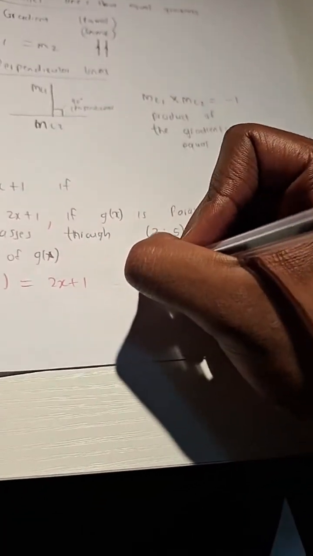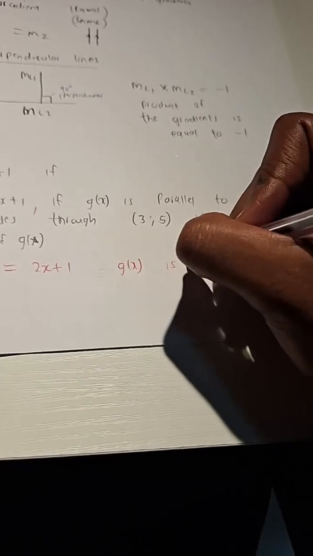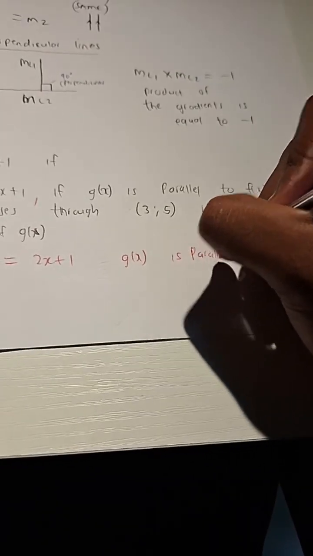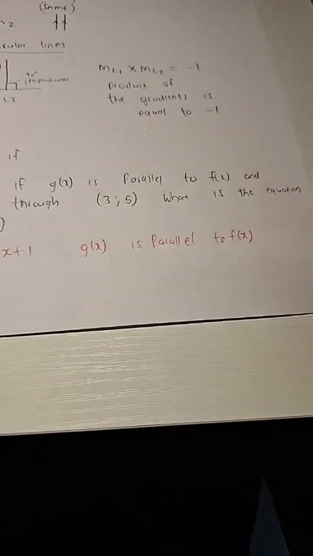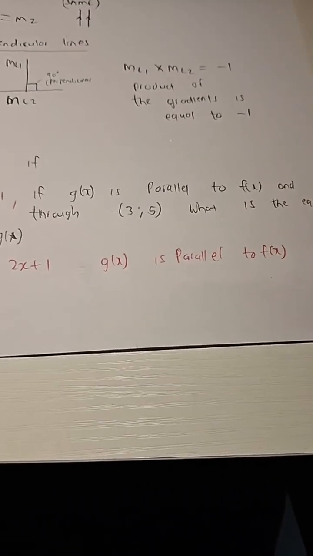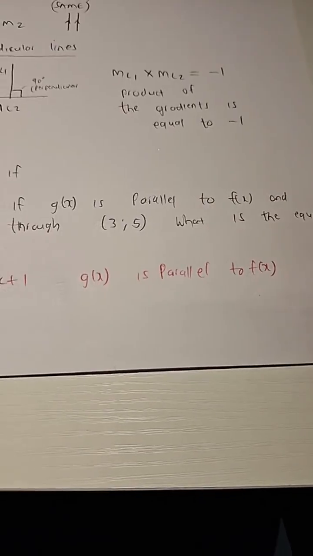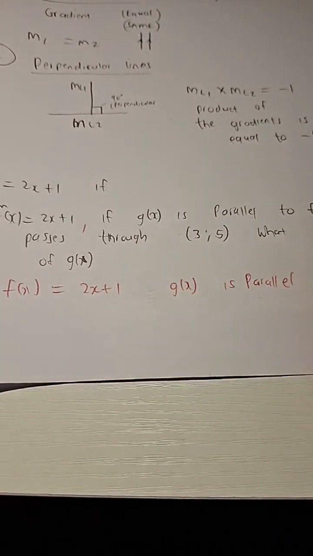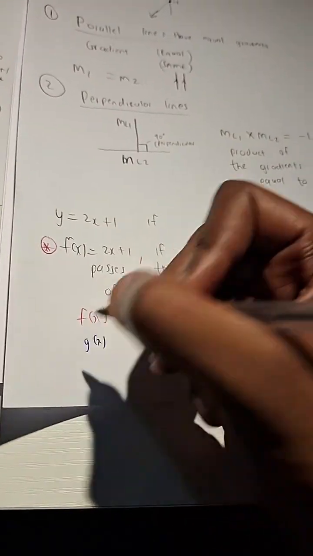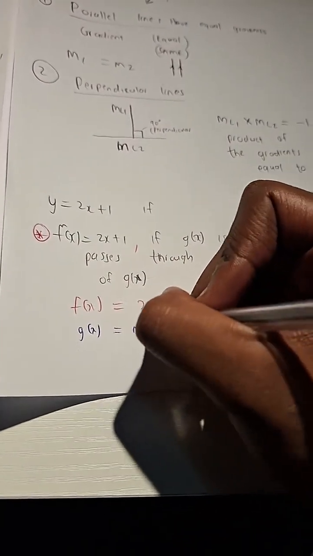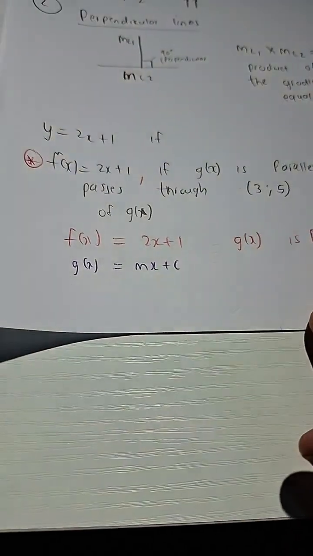We know that g of x is parallel to f of x. So if that is the case, guys, first and foremost, we know g of x is equal to mx plus c.